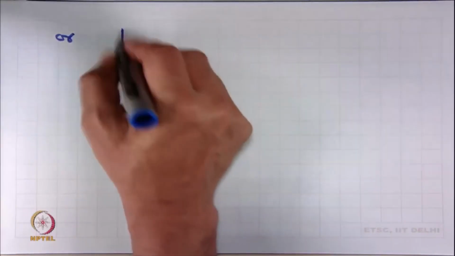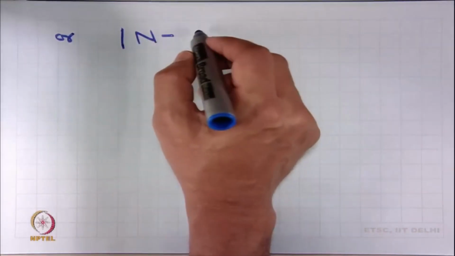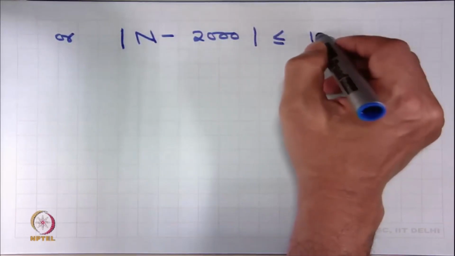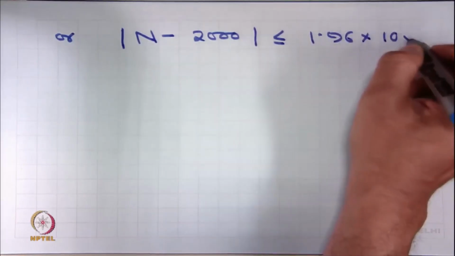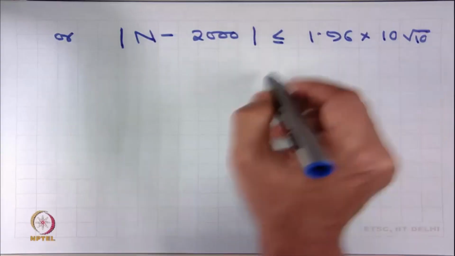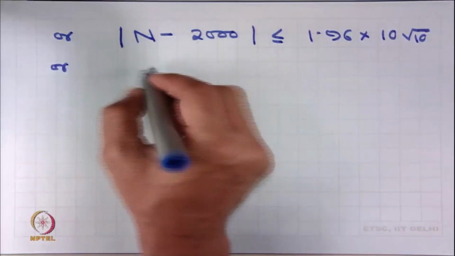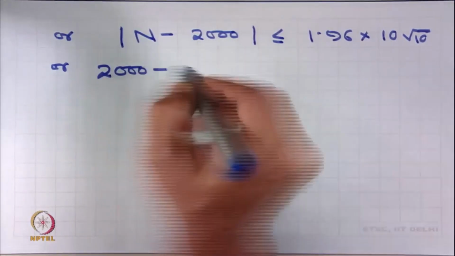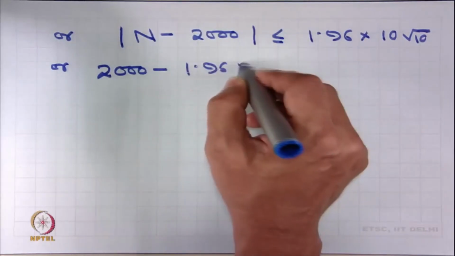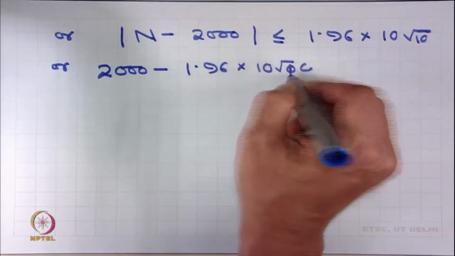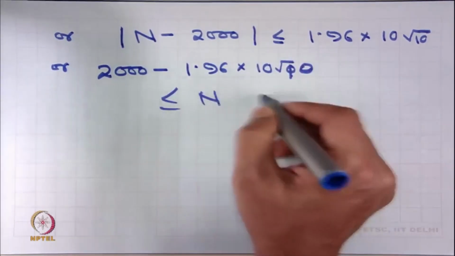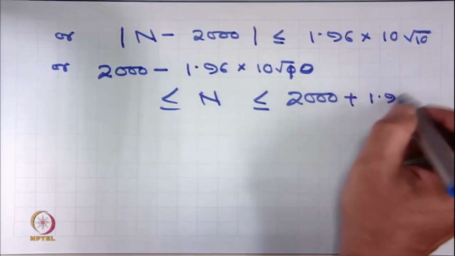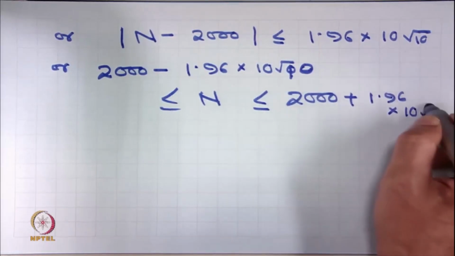or modulus of (n minus 2000) is less than or equal to 1.96 into 10 root 10, or 2000 minus 1.96 into 10 root 10 has to be less than or equal to n, less than or equal to 2000 plus 1.96 into 10 root 10.